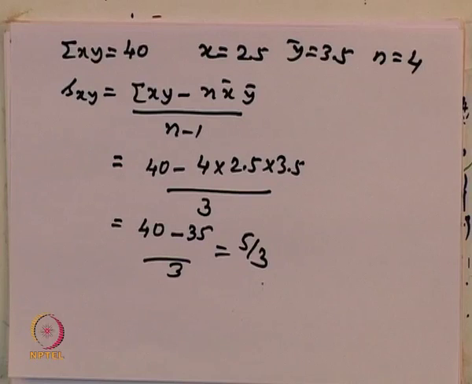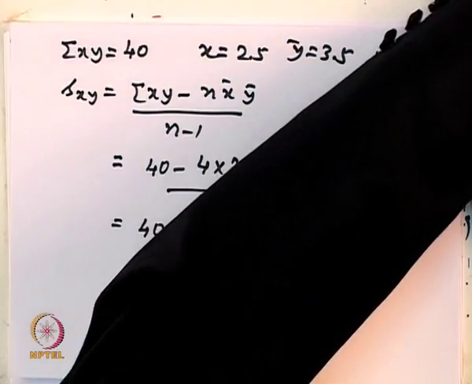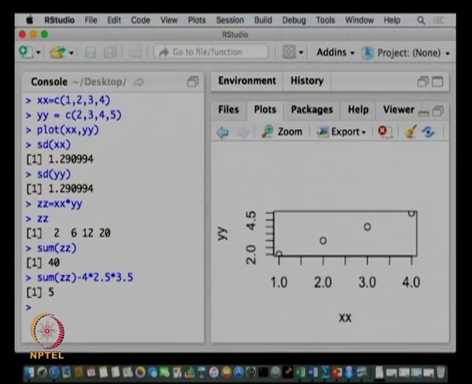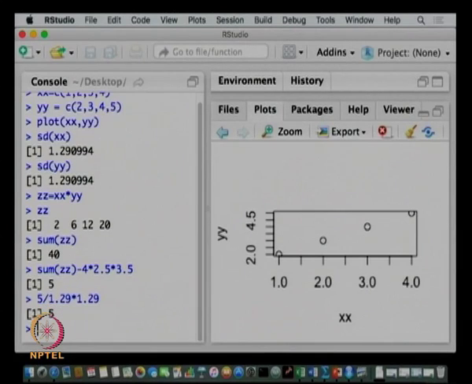Okay. And I know the standard deviation Sx. So, my correlation coefficient is going to be 5 by 3 divided by 1.29 star 1.29.